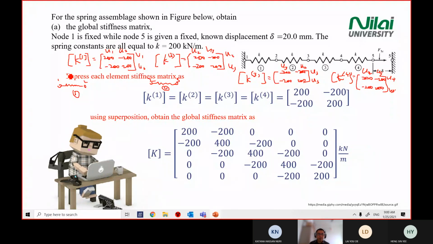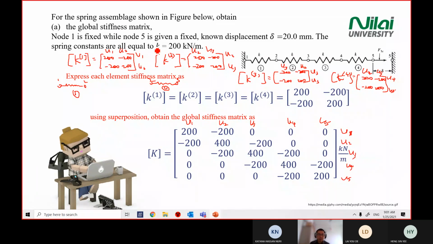So when you superimpose all these into one global matrix, you write the numbers in the code. So you fill in the blank. Let's say you don't have all the numbers here. How do you know the number of this one?